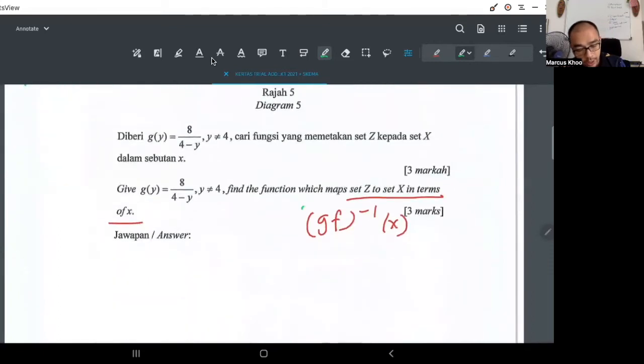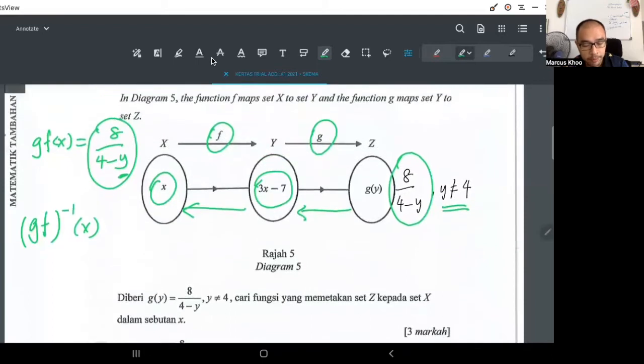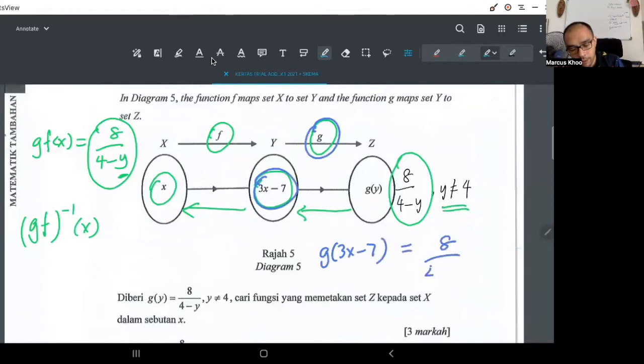Okay, this is what I want. (gf)^-1(x), going from z to x. Okay, so the question is, kenapa dia bagi ini, dan lepas itu dia bagi ini 3x + 7. Okay, so look at this properly. What they are also telling you indirectly from this diagram is that g(3x minus 7), okay, is equals to 8 over 4 minus y.